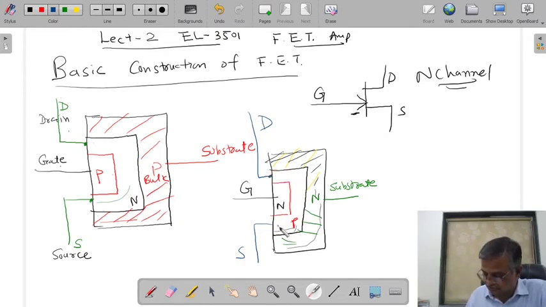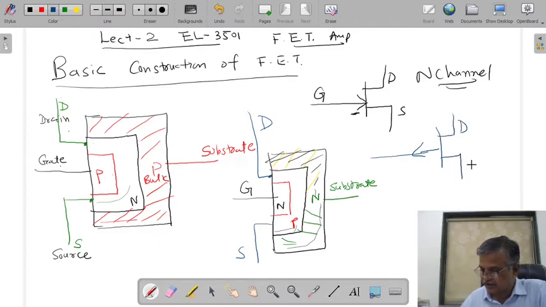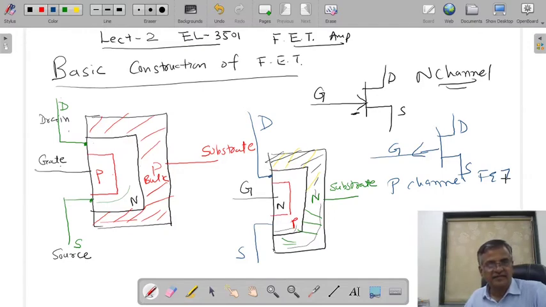And the symbol of this, with drain, source, gate, is the P-channel FET. So this is called basic construction of a field effect transistor. Remember, gate is always heavily doped. This is lightly doped.